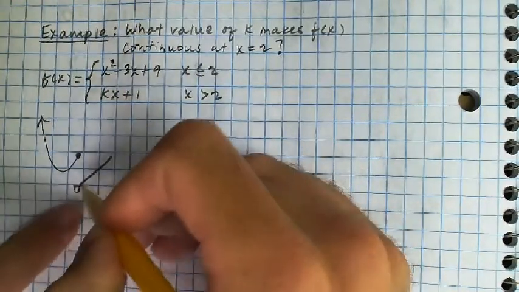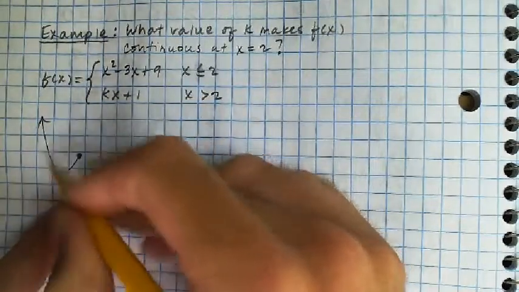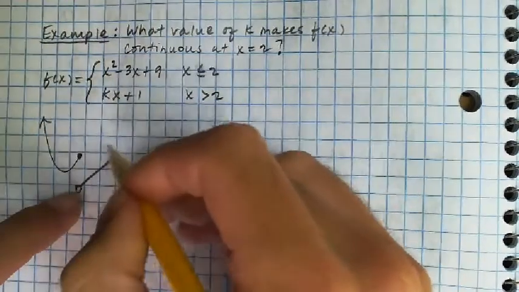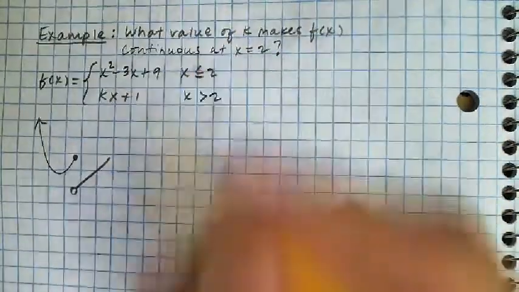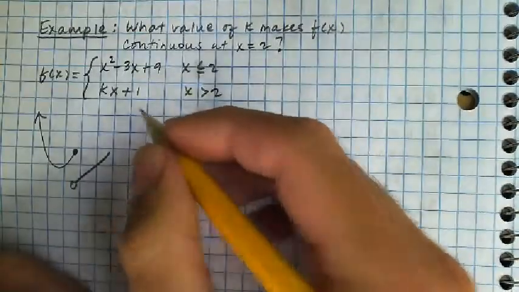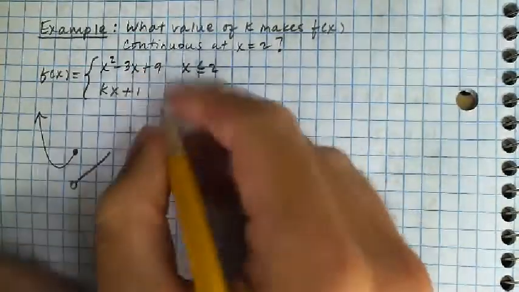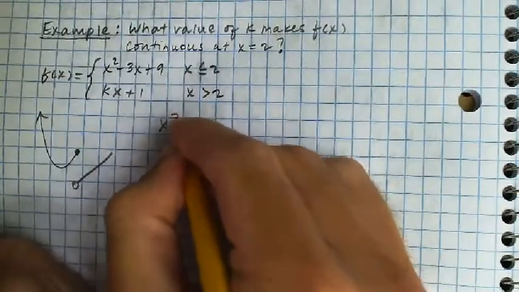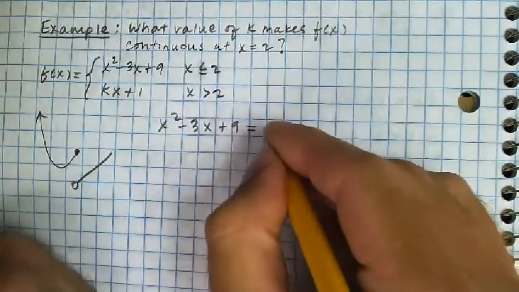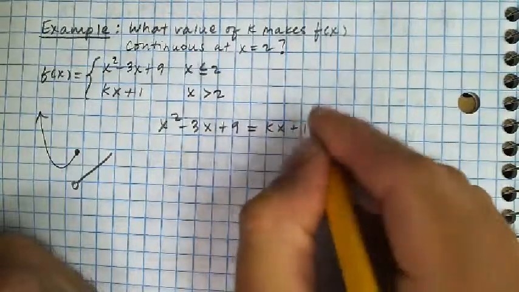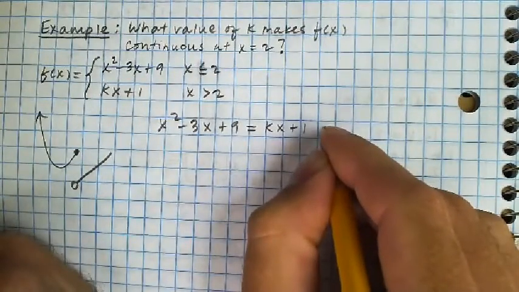If you view these as movable pieces, we need to manipulate this k so that we can move this to meet up with that point. And so what form that takes algebraically is that we need x squared minus 3x plus 9 to equal kx plus 1 at x equals 2.